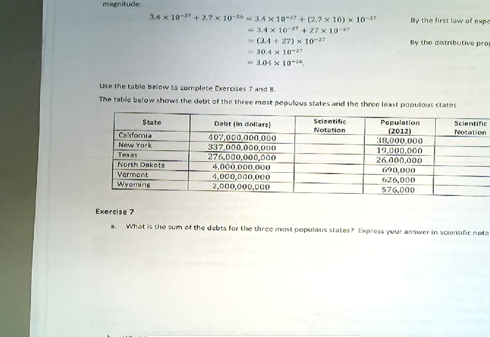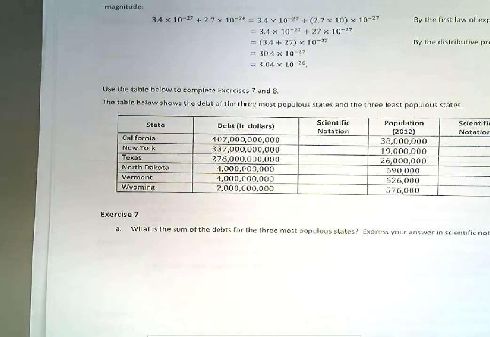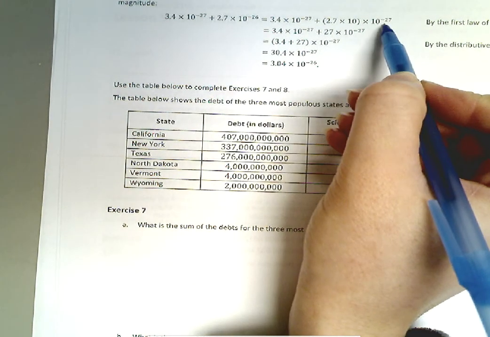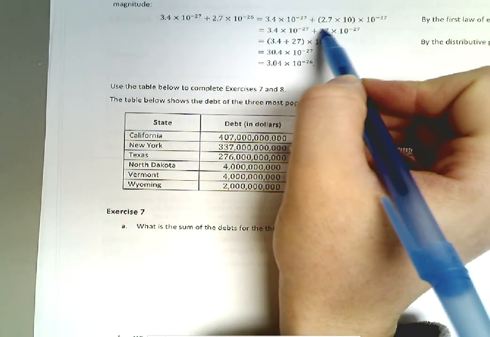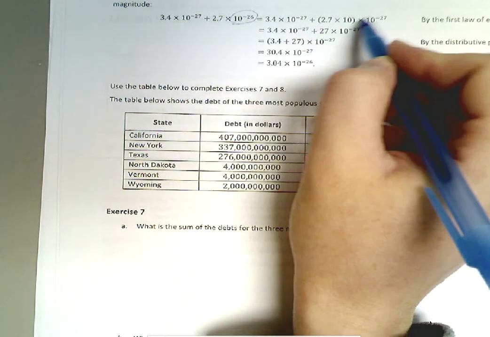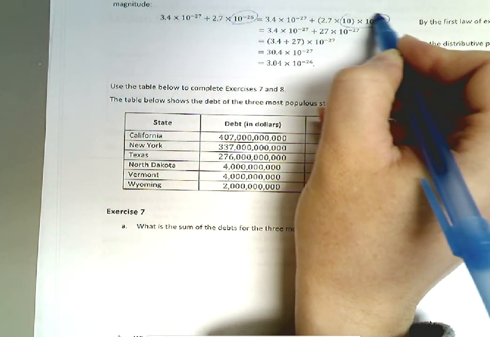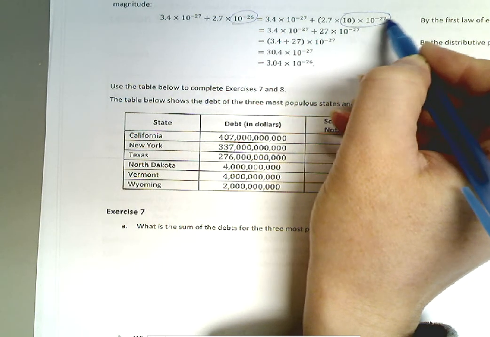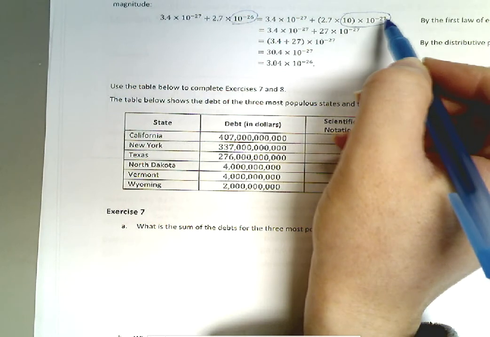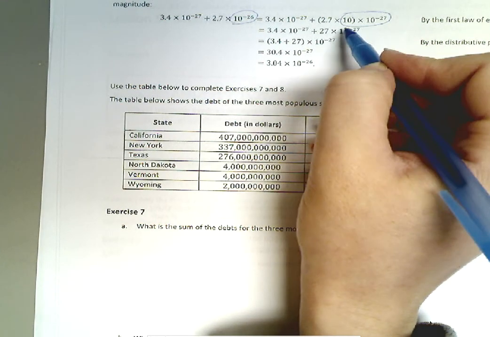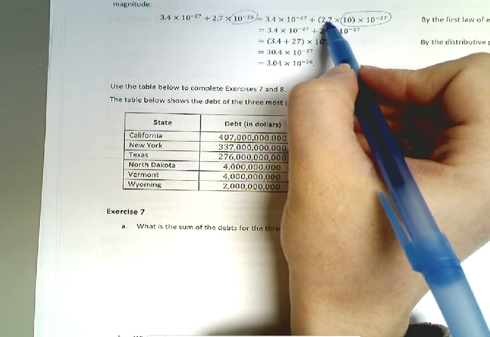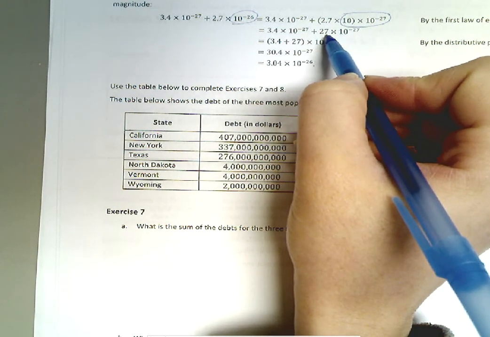Let's see. Oh, here, what they're doing here, they're just changing negative 26th power into negative 27th power. So they're actually decomposing 10 to the negative 26 into 1 times 10 to the negative 27th, because 1 plus negative 27 is negative 26. So they're doing it the other way around, right? So they're changing a smaller number into a bigger number. They're multiplying 2.7 by 10, and it is 27.